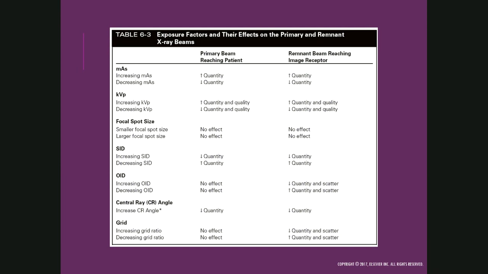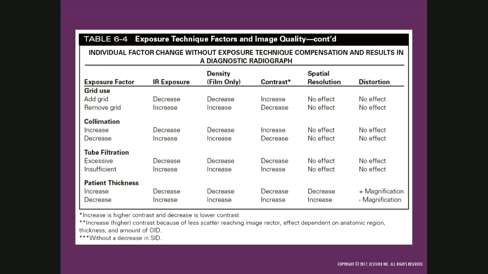Below that, table 6.3 is long. It takes up like a page and a half. Moderately important, not super important. However, table 6.4 has 2 parts, and I only put half of it on a PowerPoint somehow. But table 6.4 is something very important for you to understand and to know.